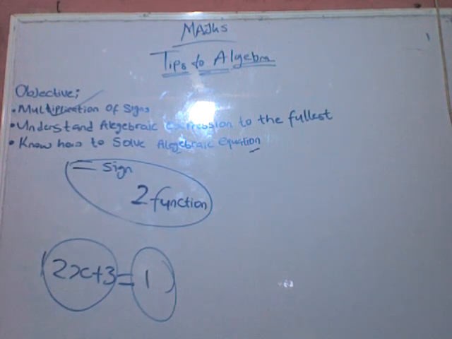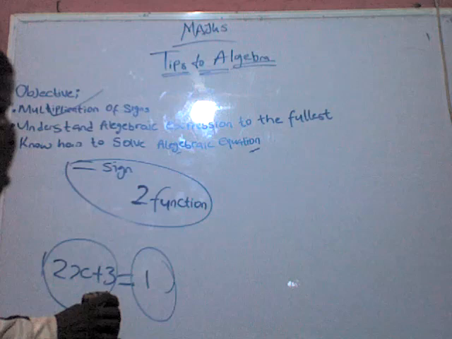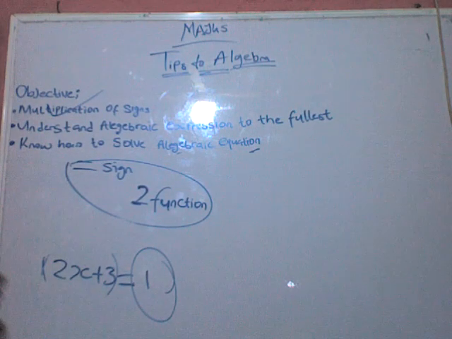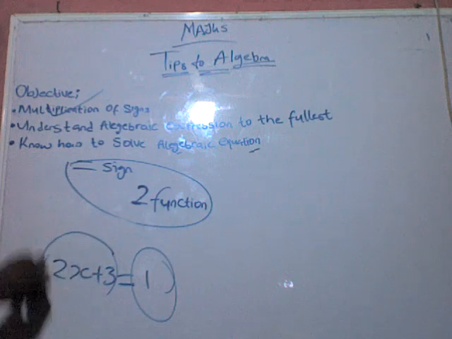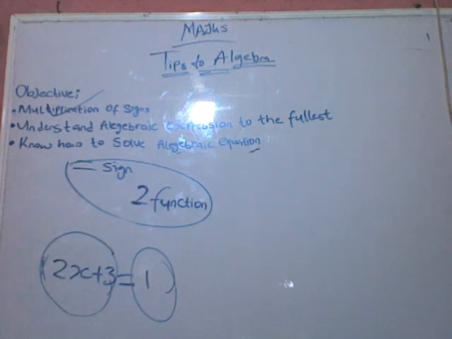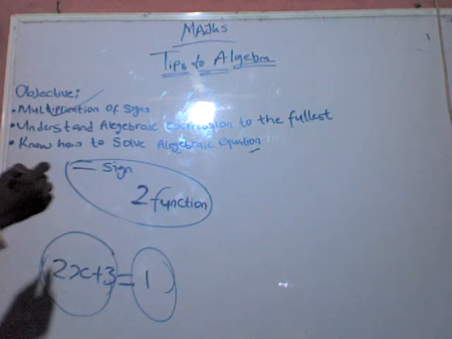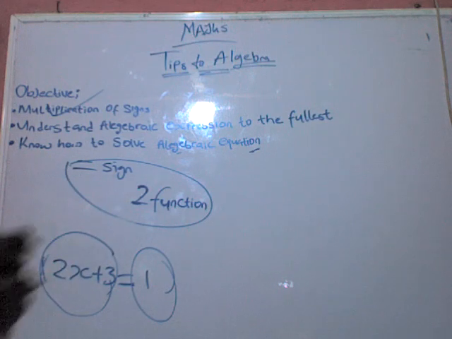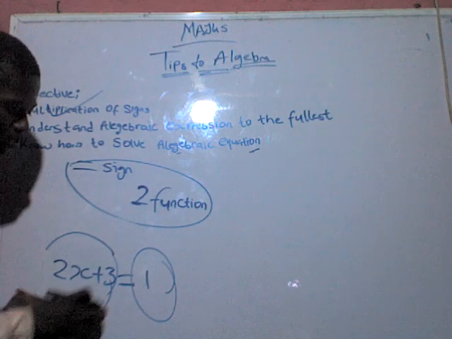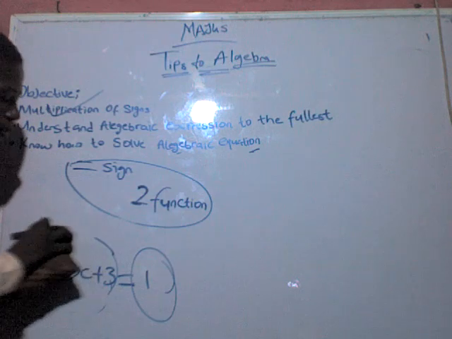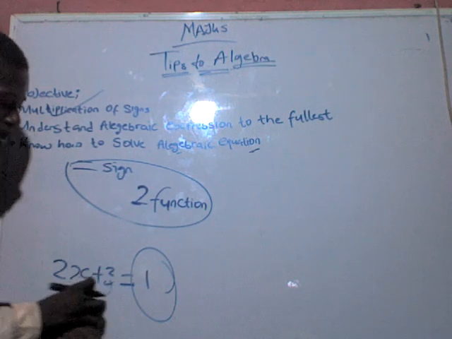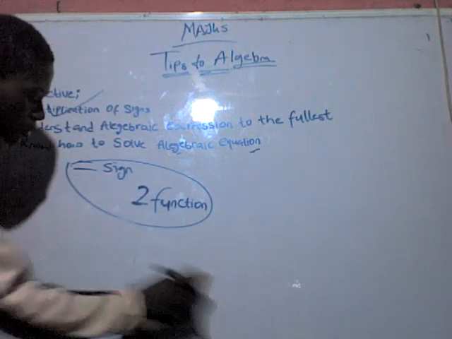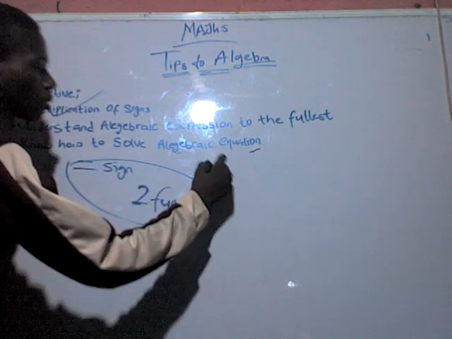But mathematically it makes sense, because mathematically this is equal to this. Since it doesn't make sense in our normal day life, that's what makes up the second function of the equals to sign. But the second function still leads us back to our first function, and I will explain that further on in the class. So let me just write this equation here so I don't forget about it.